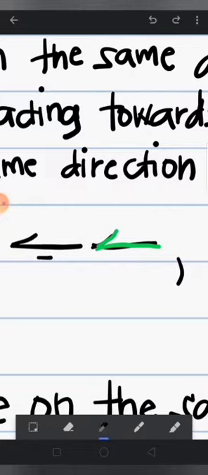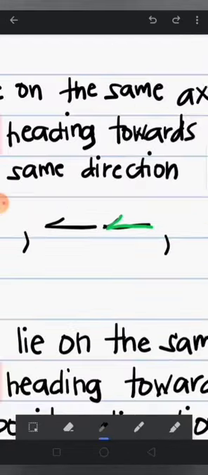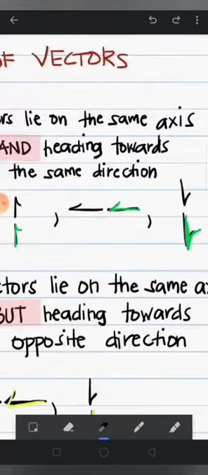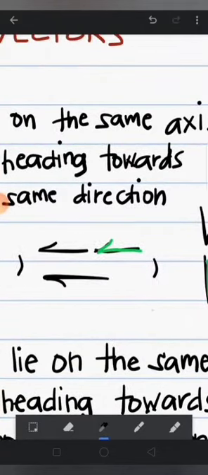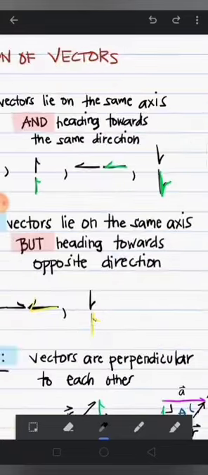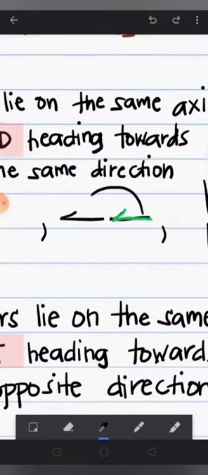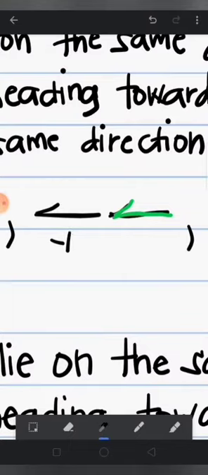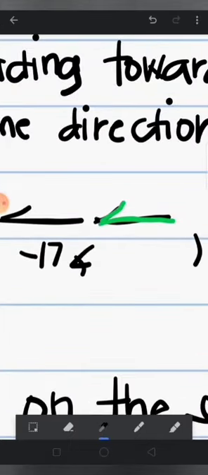This is negative 5 plus negative 12, which is negative 17. Since it is already towards the negative direction, it is described as negative. The angle we use is 0 degrees. If you say 180 degrees, it would be wrong, because the magnitude already says negative 17. So the angle is 0 degrees.